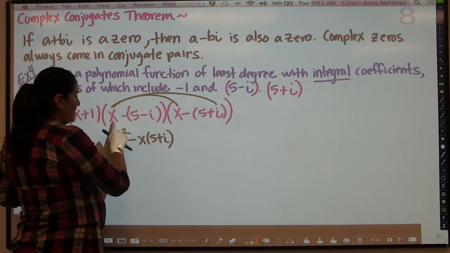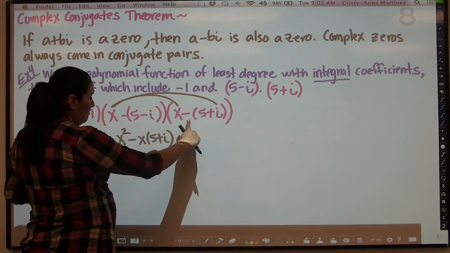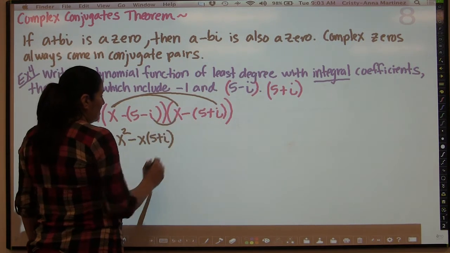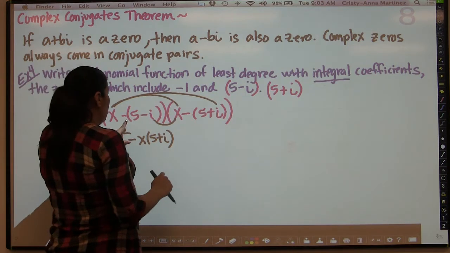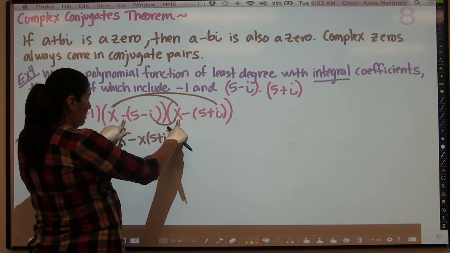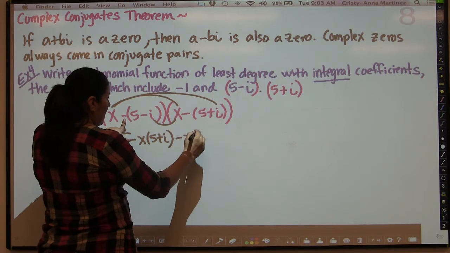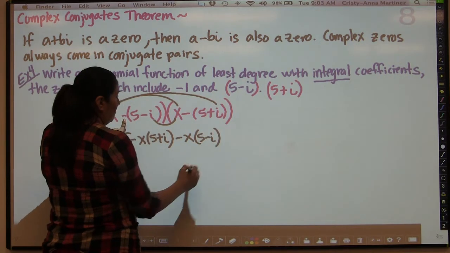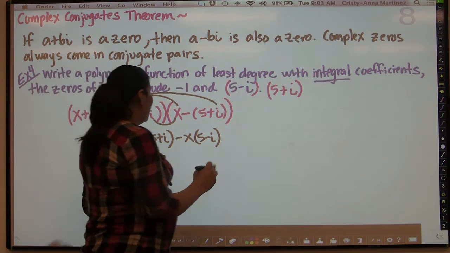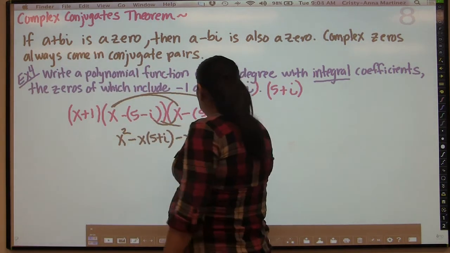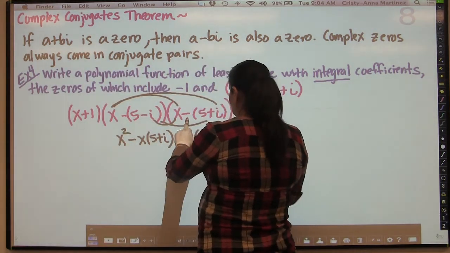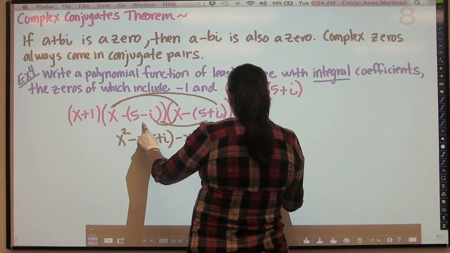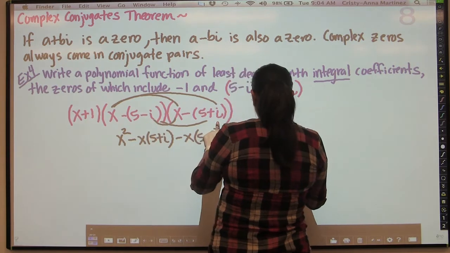Then inside times inside is x times negative again, so -x, and this time (5 minus i), so it is slightly different from the previous one. And then last times last is negative times negative, which is positive, and it's going to be (5 minus i) times (5 plus i).